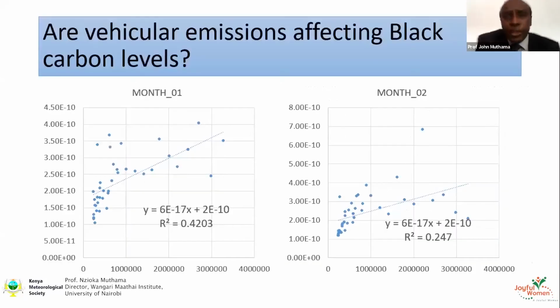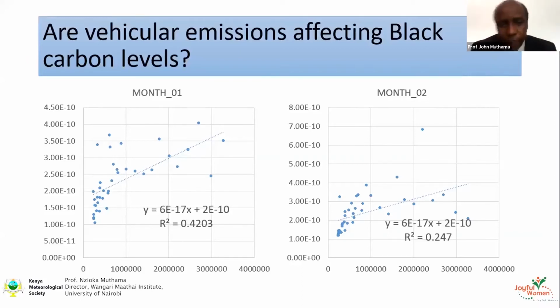So we thought now we need to relate this. Is there really a connection between vehicular emissions and black carbon levels? And I'm just showing illustrations here. This is again for Nairobi.